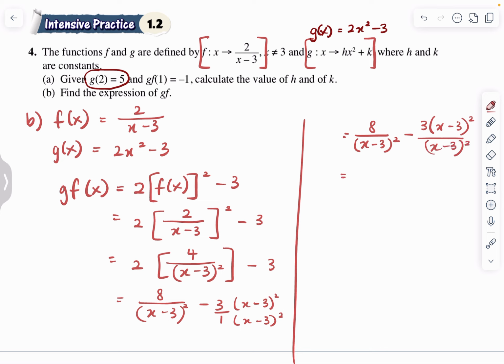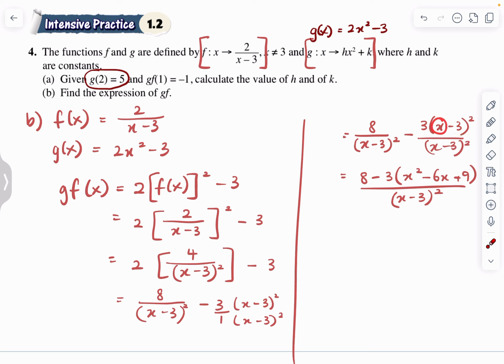So here we can go ahead and expand this. Our denominator will be (x minus 3)². On top will be 8 minus 3 times (x minus 3)². This one we have to square on top. So the shortcut is: the first term will be x². And then 2 times x times negative 3. 2 times x is 2x. 2x times negative 3 is negative 6x. And then negative 3 we square, we'll get 9. Okay, that is the shortcut to expanding squares.